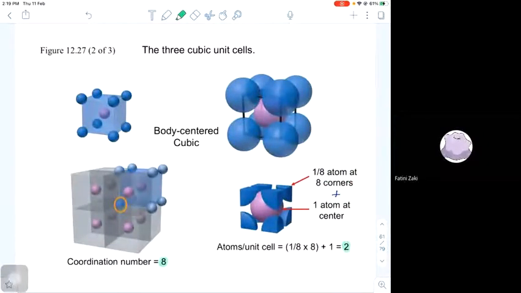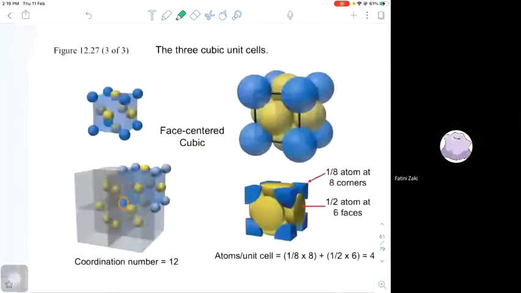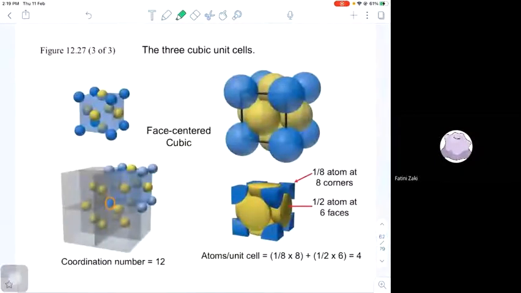Now let's look at the third type of the unit cell, which is the face-centered cube. This face-centered cube has the same particles at each corner of the unit cell of the cube, and it also has particles at each face of the cube.